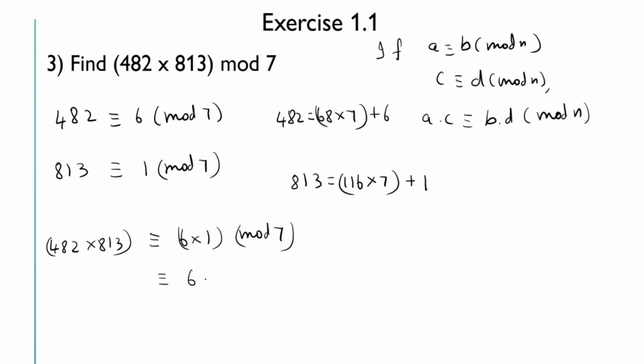Is congruent to 6 mod 7. So the answer is 482 into 813 mod 7 is equal to 6. That is, when we multiply 482 and 813 and then divide it by 7, we get the remainder as 6.